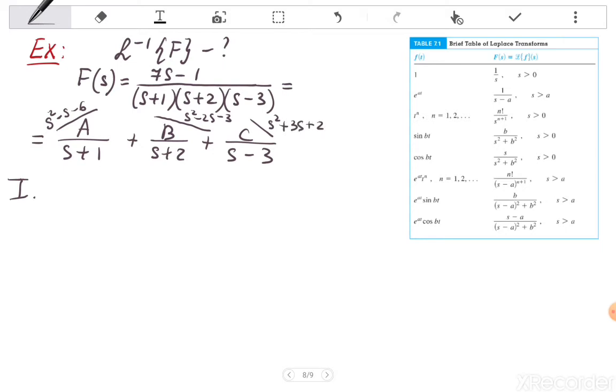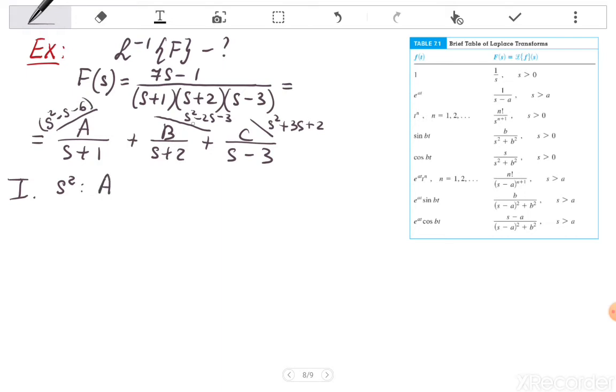And then we find the coefficients of s squared, of s, and of s to the 0, and compare with the coefficients of f of s, 7s minus 1. So let's see what we have for s squared. If we multiply a times this thing, we obtain just one coefficient of s squared, which is just a.